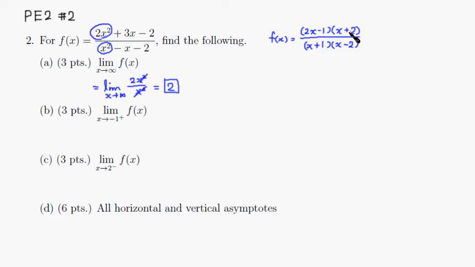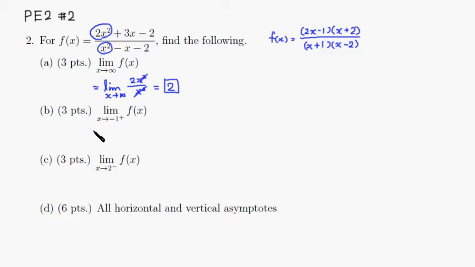Would that work? -1 times 2 is -2, and 2 times 2 is 4, plus -1 is positive 3. So that's that. Then we take the limit, just plugging it in.